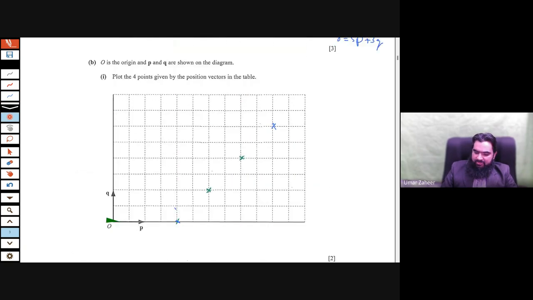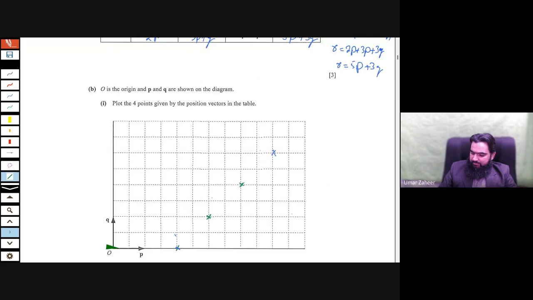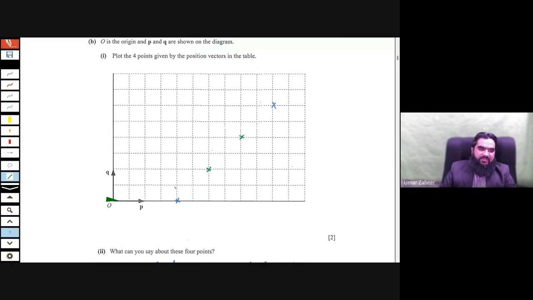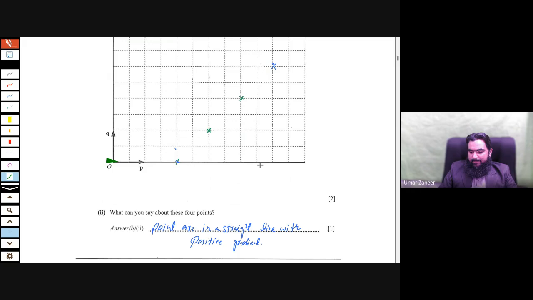Look here, you can check it. You have to draw the line. All the points lie in a straight line, and from left to right the line is moving upward, so this means that you have a positive gradient.